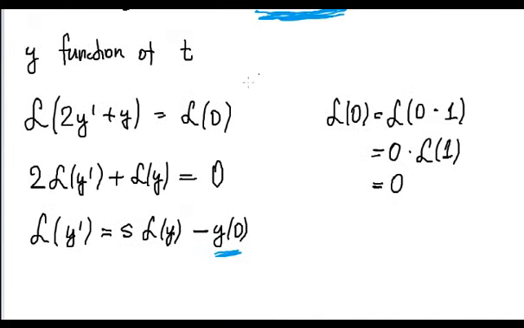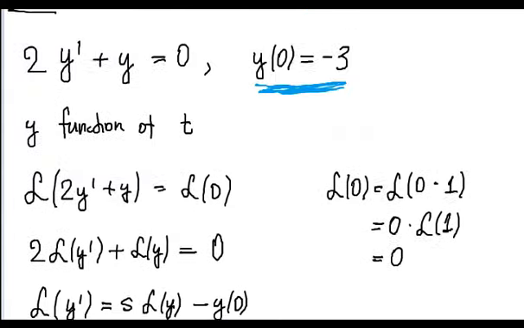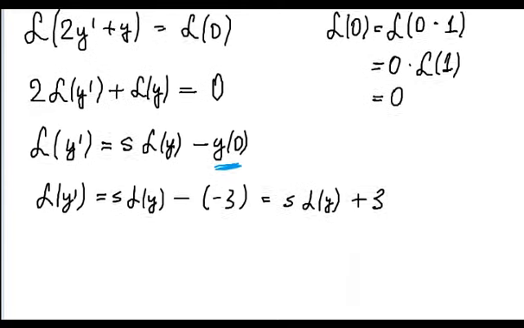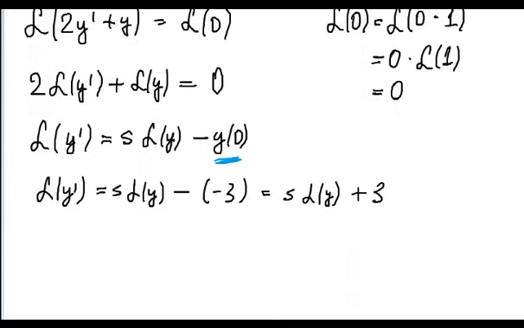Okay, so we get that Laplace transform of y prime is equal to s times Laplace transform of y minus y of 0, and y of 0 was given to be minus 3, so that's plus 3 then. So we get s times Laplace transform of y plus 3. Now what we want to do is to put this back into the equality.